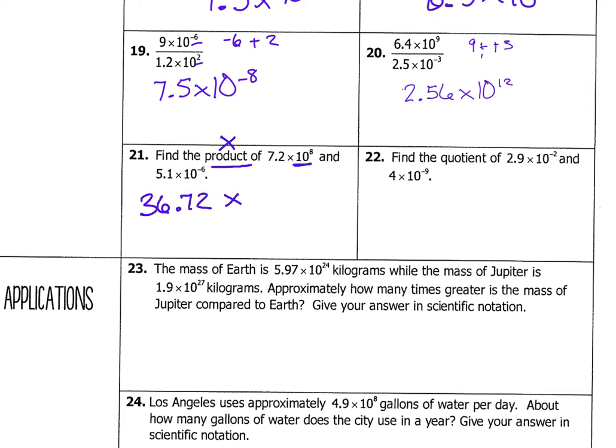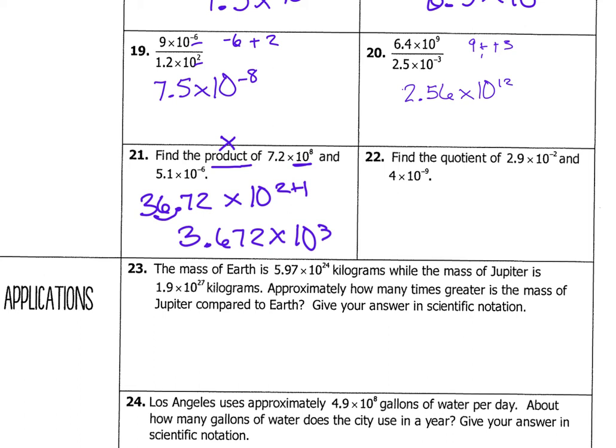If you subtract these, 8 minus, or excuse me, you're adding them for a product. 8 plus a -6 is times 10 to the second, right? Scientific notation is 3.672. This became smaller, so this needs to become bigger. Times 10 to the third. Plus 1, plus 1.